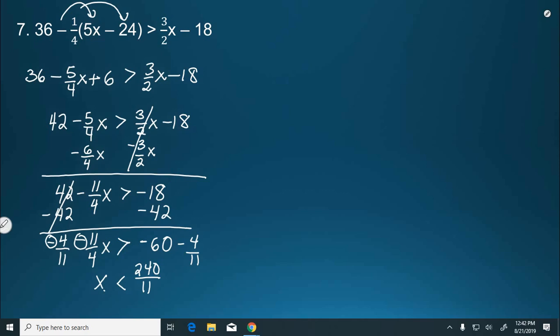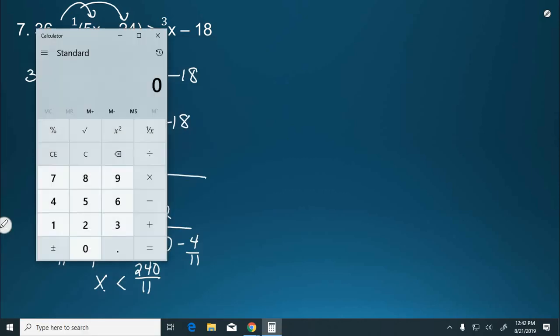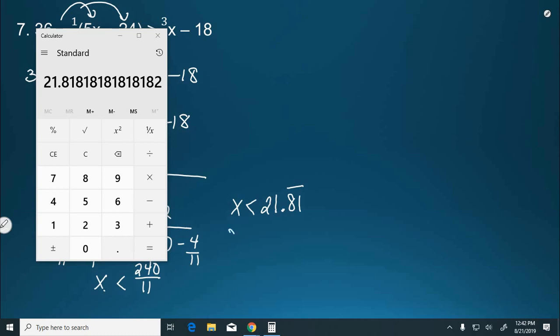Well, if I use my calculator, 240 divided by 11 is 21.81818181. So I know that it goes in at least 21 times. So I can write x is less than 21. And I could put 0.81 repeating, but I want to change that to a fraction.